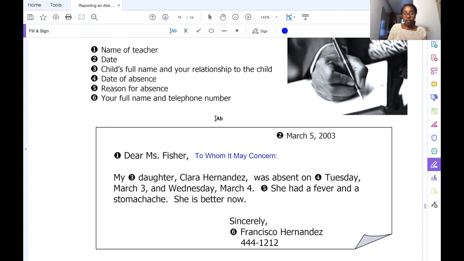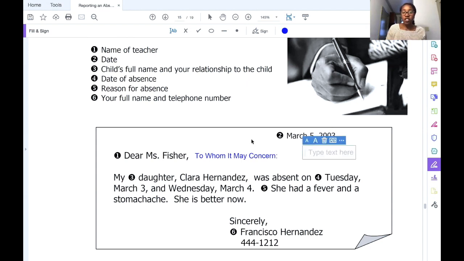our greeting. You also need to make sure to have the date. March 5th, 2003. So the date is the date of today. The date you are writing the letter goes at the top.